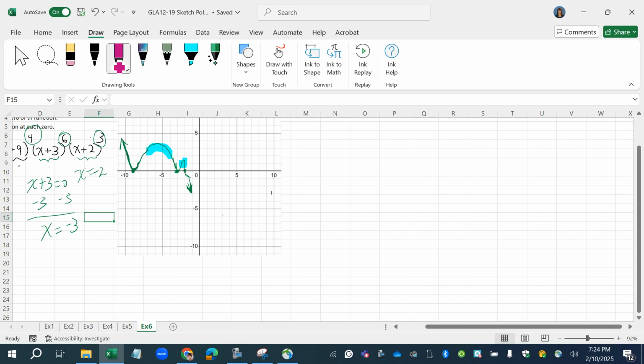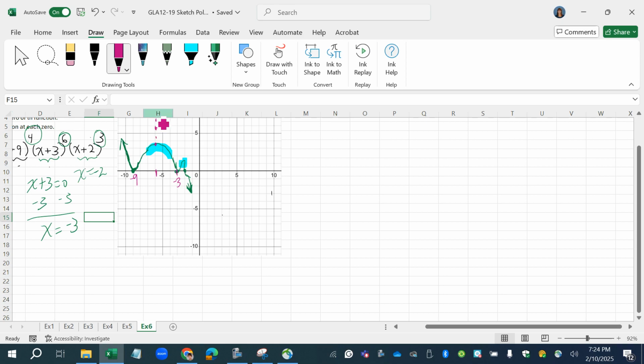So since I have a 0 at x equals -3 and I have a 0 at x equals -9, I might try to go right in between those, maybe right in the middle of those two, which would be at, say, -6. So if I went to -6, I want to know what point should I be at?